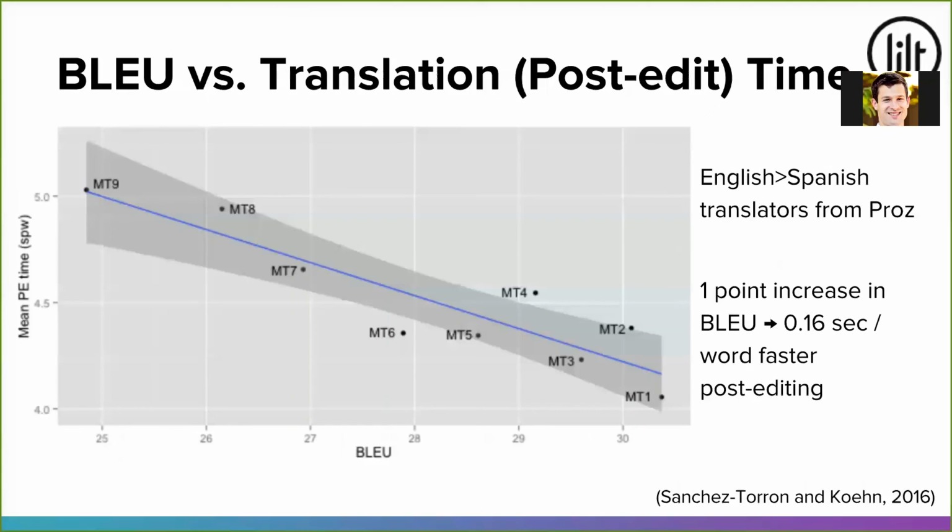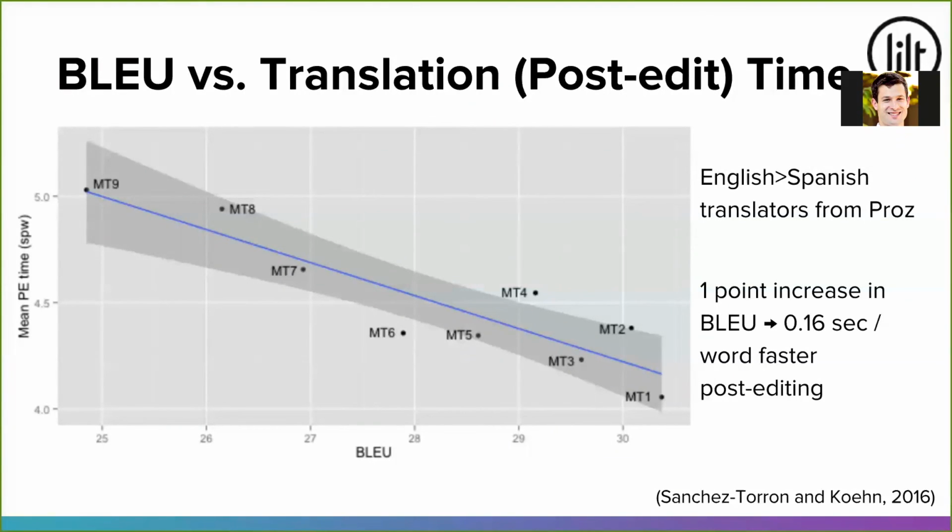Now, there's some interesting work recently on correlating BLEU with translation time. There's work on this going back to 2009, but the most recent and best work, I think, just came out last year. What was shown here was for English to Spanish, some translators were hired on Upwork.